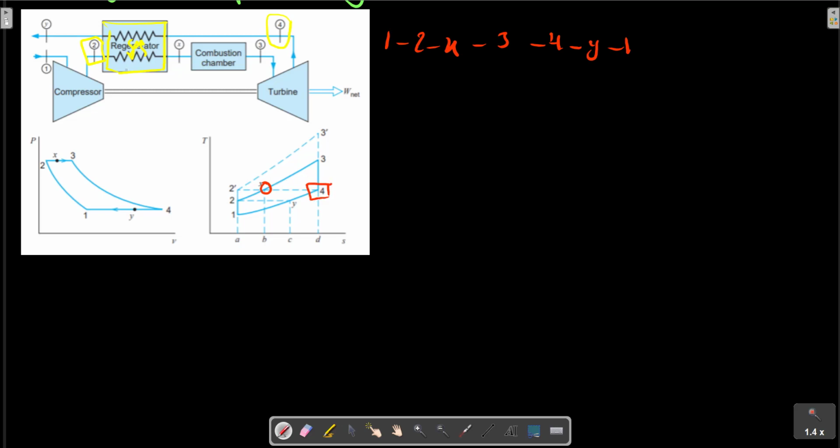At the inlet we have Tx equals T4, the temperature of the gas leaving the turbine. Heat transfer from the external source is necessary only to increase the temperature from Tx to T3.